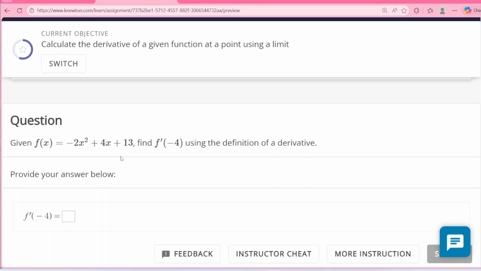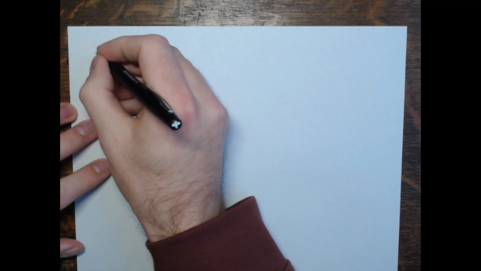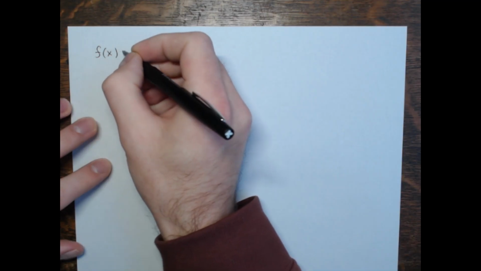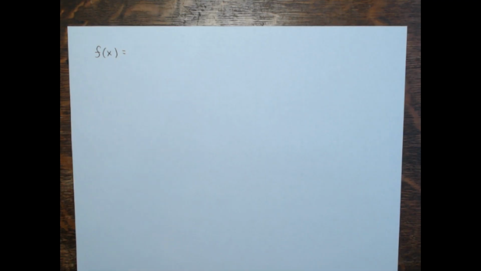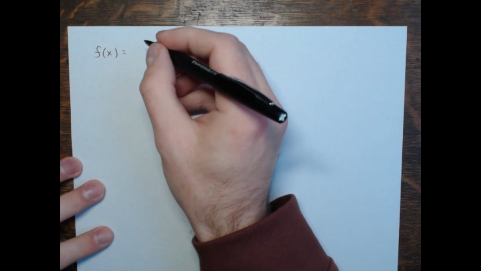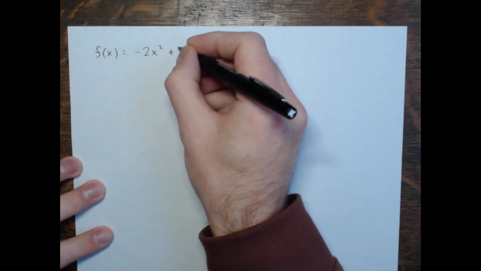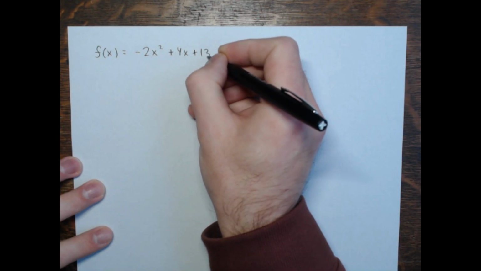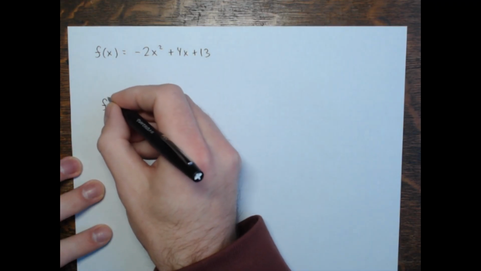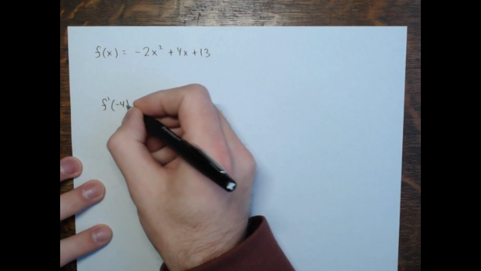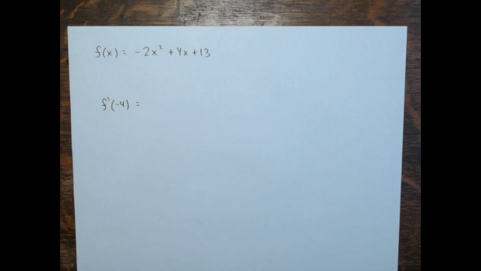So find f prime at x equals -4. So here's our function. Right, some quadratic. Got -2x squared plus 4x plus 13. And then f prime at -4 we're trying to find.